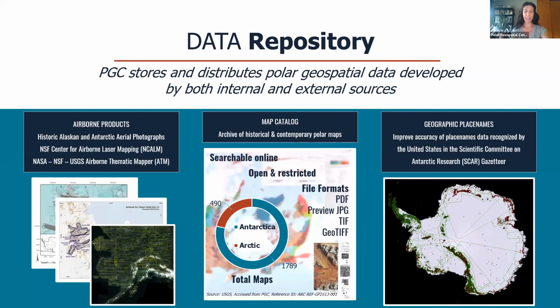Looking at the data repository, PGC stores and distributes polar geospatial data developed in-house and from external sources. At PGC, we know maps are not just pretty wall hangings, they're important tools. We have hundreds of contemporary and historical polar maps searchable online in our map catalog, among other online geospatial databases.